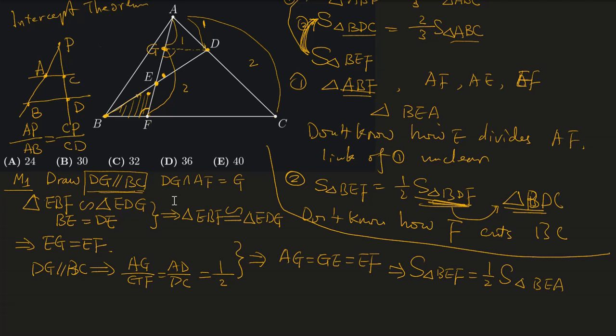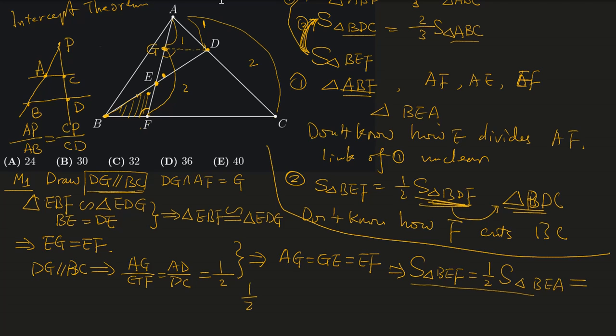How is that? Because their bases EF and AE have a ratio of 1 to 2, and they are sharing the same height from point B to line AF. Therefore, we have this.